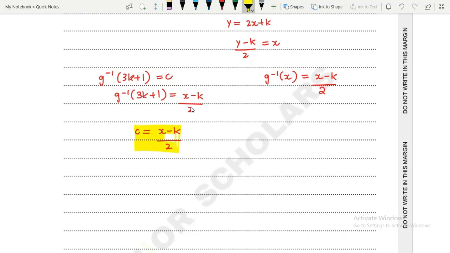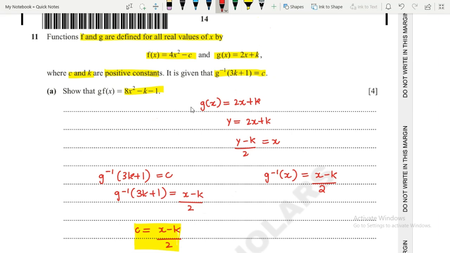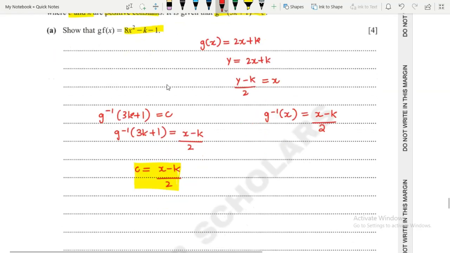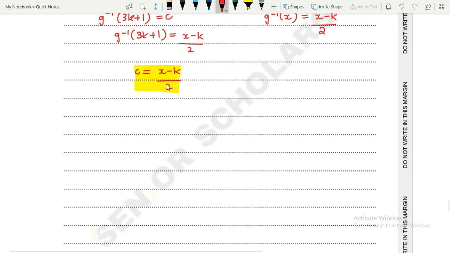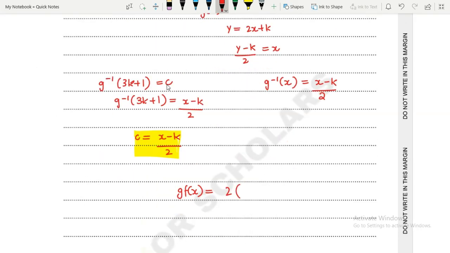Now they have also given us f of x, and we are going to find g of f of x. So f of x is 4x squared minus c. So g of f of x is going to become, it was 2x plus k, so 2, then leaving the space for f, plus k.